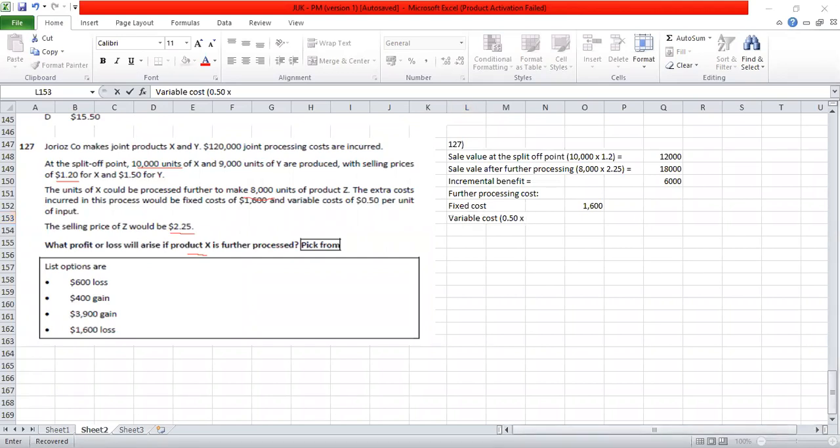How much is the input? The input is 10,000 units. Then the output comes out to be 8,000 units. So 0.50 into 10,000 units, so the total processing cost is 6,600.